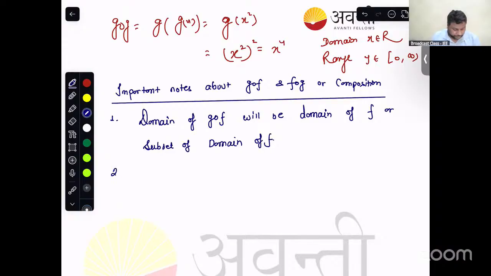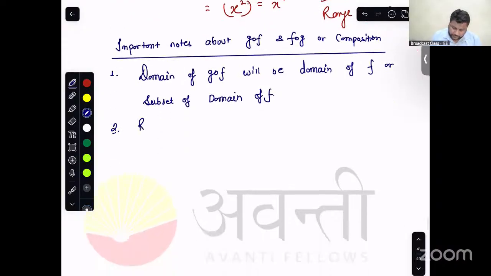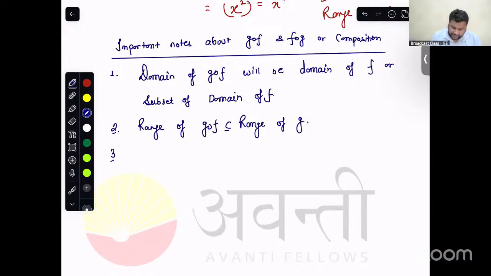Understood? Range of gof is a subset of range of g. Very clear?